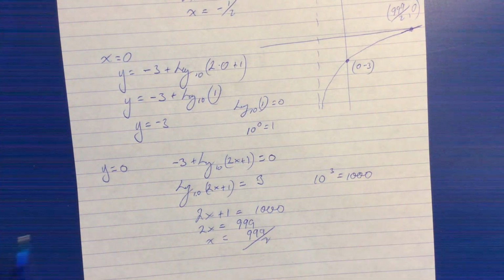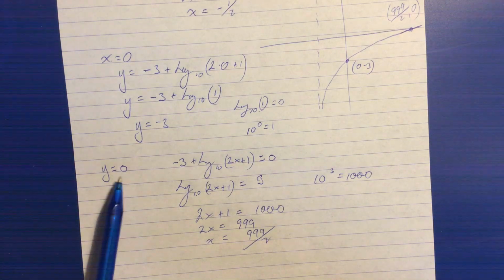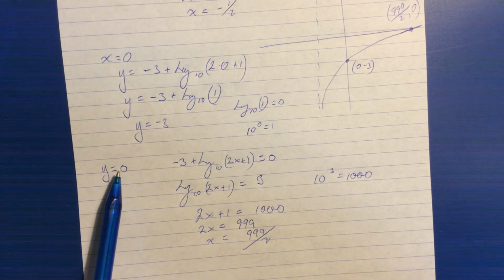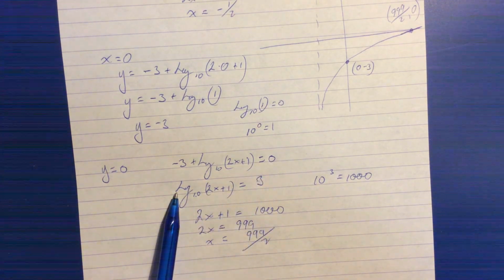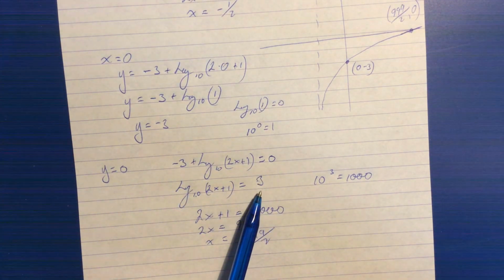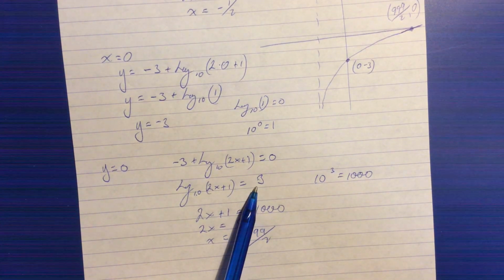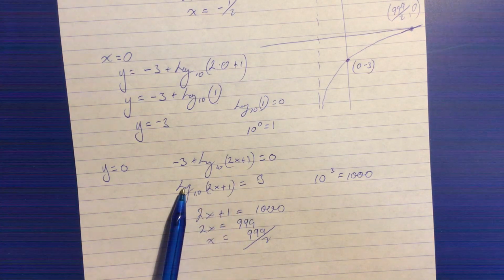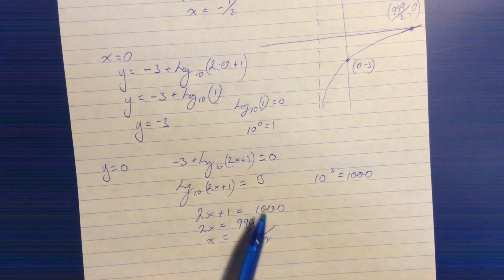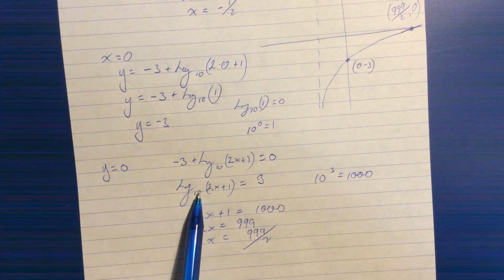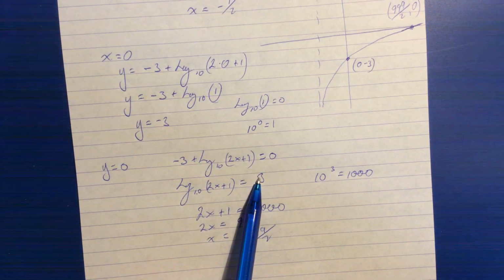What's the next step? Well, make y equals 0. Slightly trickier, but not impossible. Set up the equation. Start modifying it, moving things about as much as you can. We get to this point, and if we convert this to exponential notation, we get 10 to the power of this equals 10 to the power of that.